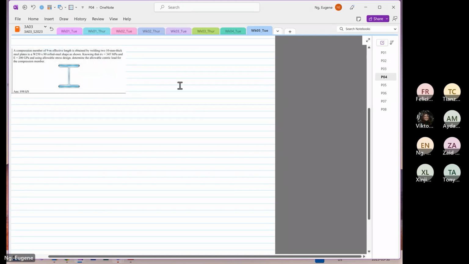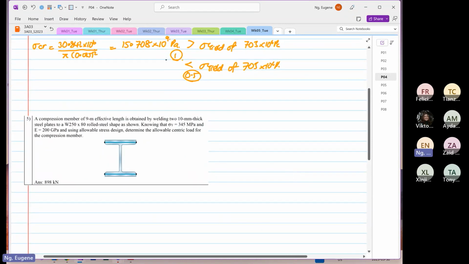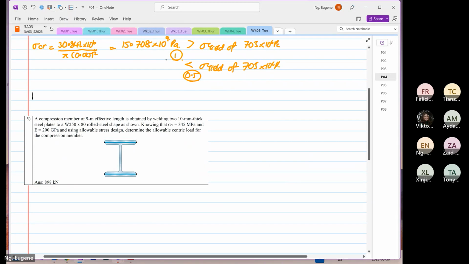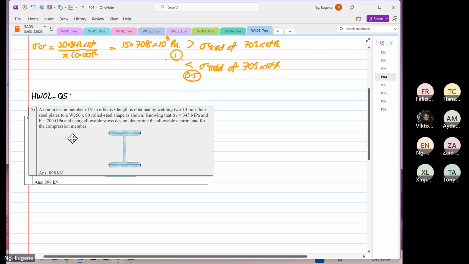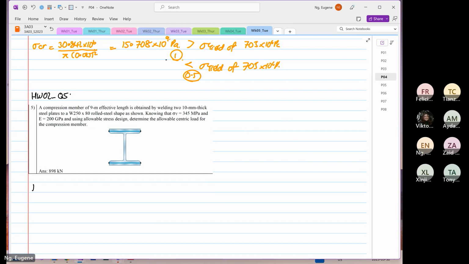So this is homework 2, and question number 5. A compression member, 9 meters, so we have L equal to 9 meters.